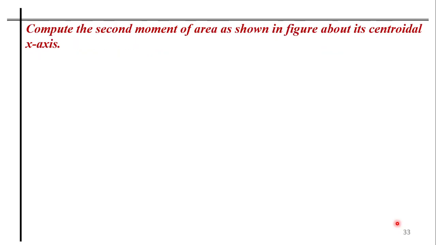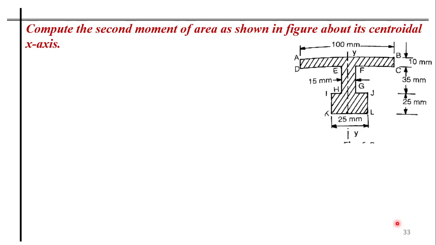Okay. So similarly, the second moment of area or moment of inertia about its centroidal x-axis, the same one. You can see that it is symmetrical about the y-axis. I just need to find out its y bar so that I know the location of that centroid.